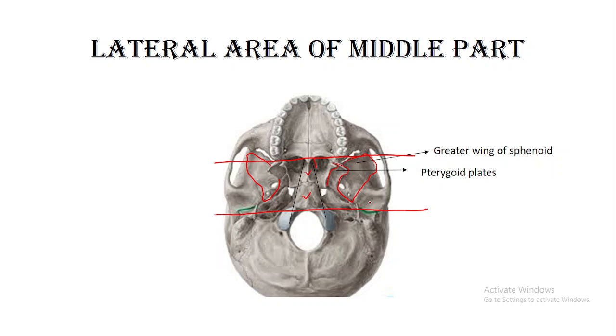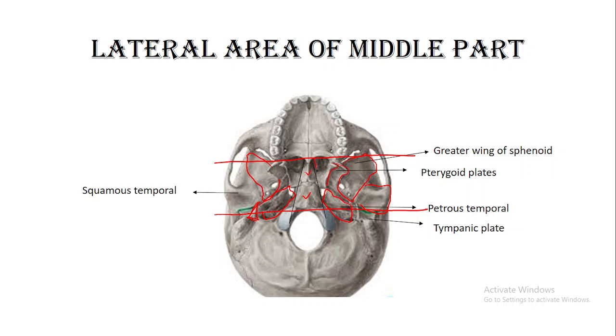Then second is the temporal bone. This triangular structure present in the middle is the petrous part of temporal bone. Now this whole area is the squamous part of temporal bone, and here there is a triangular plate which is the tympanic plate of temporal bone.